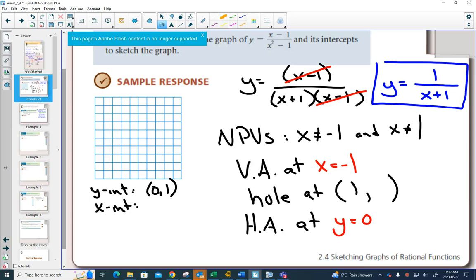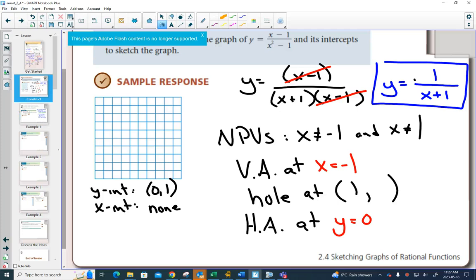But here's where it's important. If you're finding your x-intercept, it's where your numerator is equal to 0. Can you see our numerator is 1? There are no x-intercepts. But if you use the original equation, you might be tempted to say there's an x-intercept at 1, 0, but that is your non-permissible value. So we have to be careful with that.